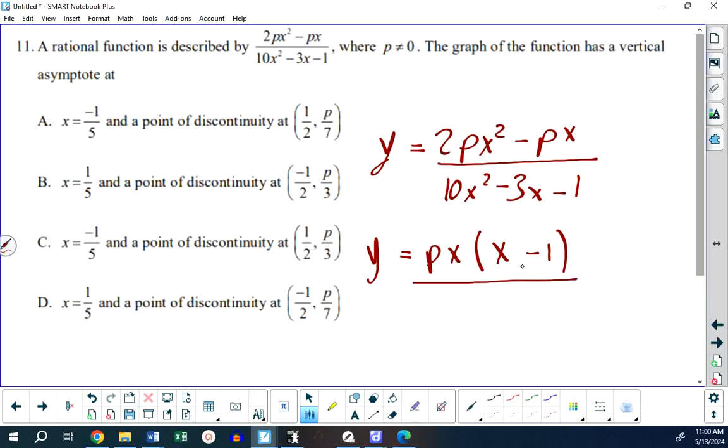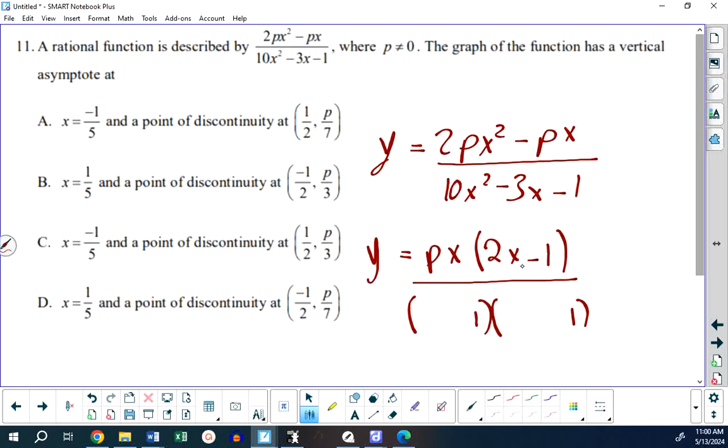I call it a complex quadratic because the leading coefficient is not 1, so it requires a little bit more thought to come up with the factors.